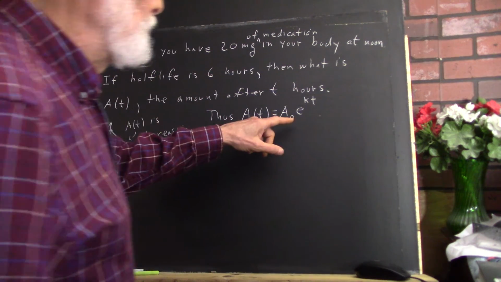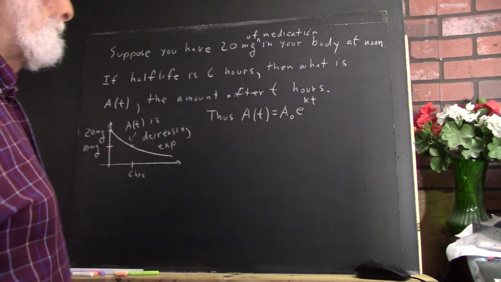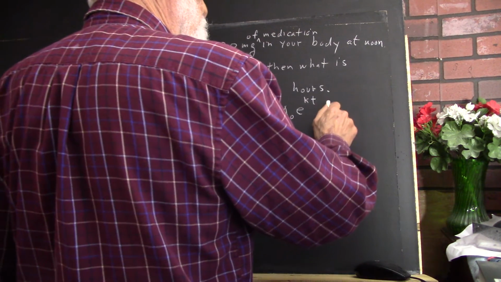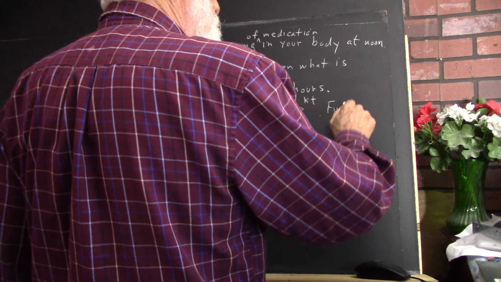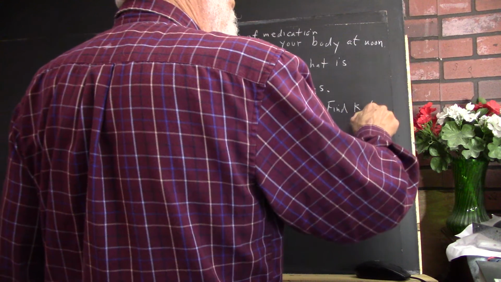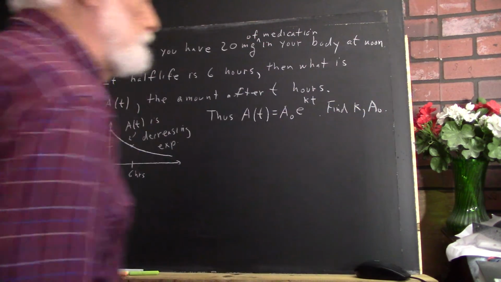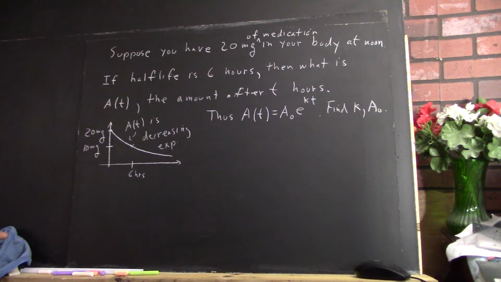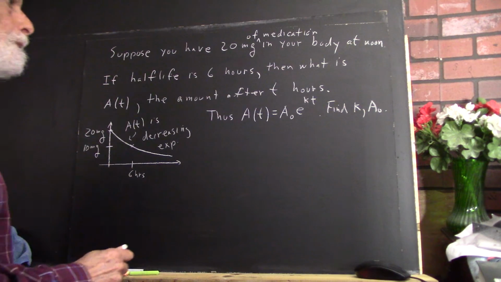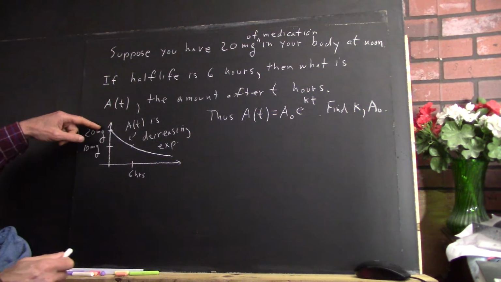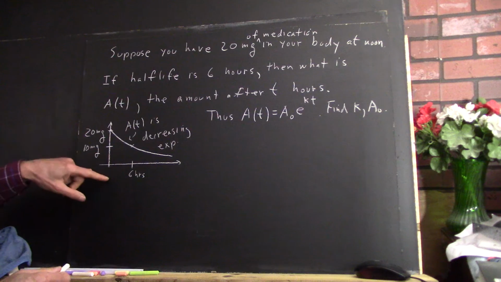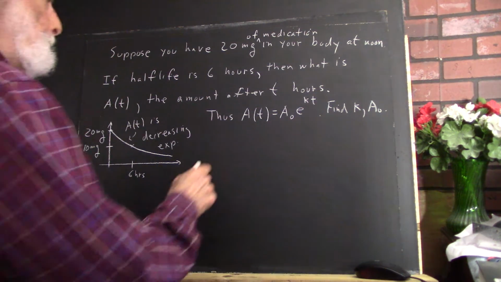We want to evaluate A0 and K. Okay, well, we know that we have 20 milligrams at T equals 0.